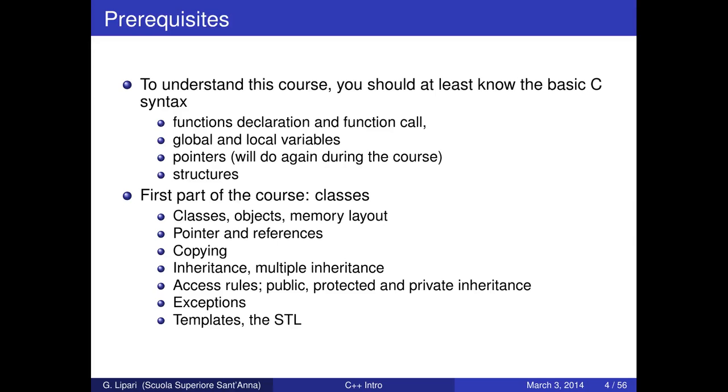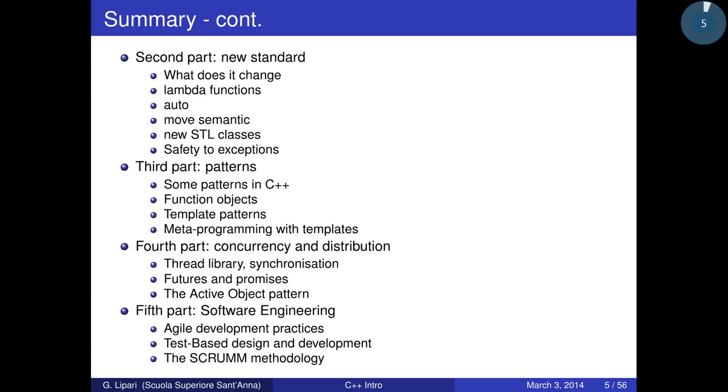We are going to talk a lot about pointers, references, and why references are much better than pointers. Then I'm going to explore the issue of copying objects, which is actually quite important. And finally, we start with inheritance, multiple inheritance, access rules, exceptions, and a little bit of templates and the standard template library. I guess we are going to finish this part quite quickly, I would say in 4 or 5 lectures.